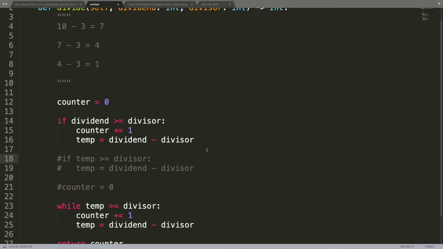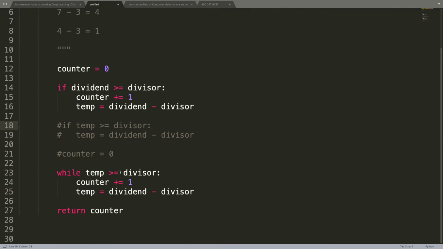My temp becomes 4. Then I get into this place. Y temp, that is 4, greater than or equals to divisor, which is 3. That is true. So my counter becomes 2. Then my temp becomes dividends.